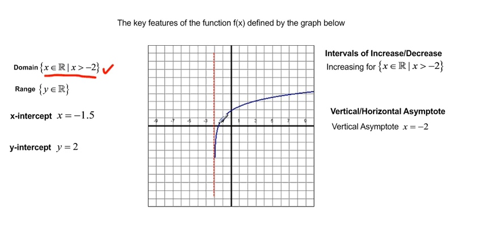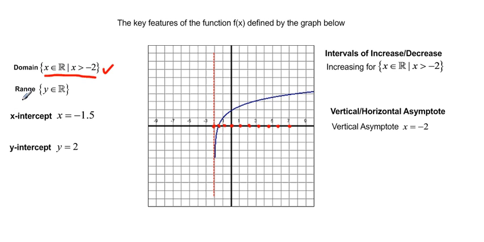At -2, we have a vertical line. This is the line that the blue curve does not connect with and never passes. So any value of x on the x-axis that is greater than -2 does work. So this is the domain.